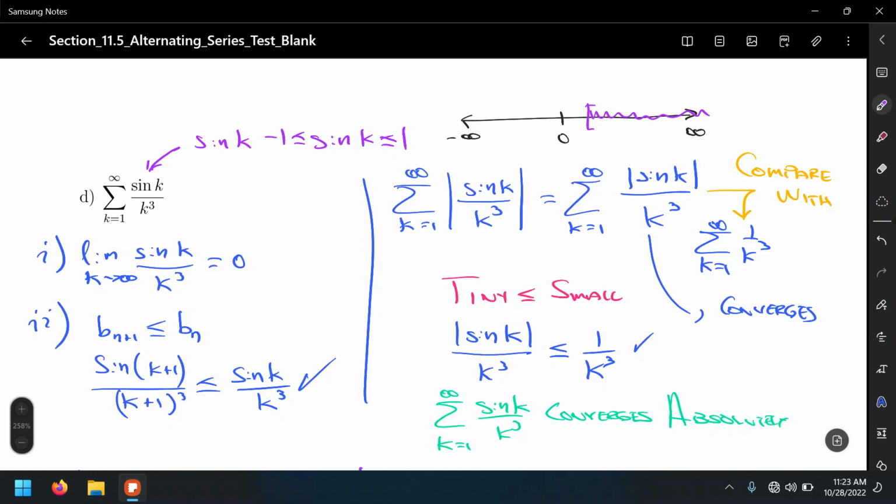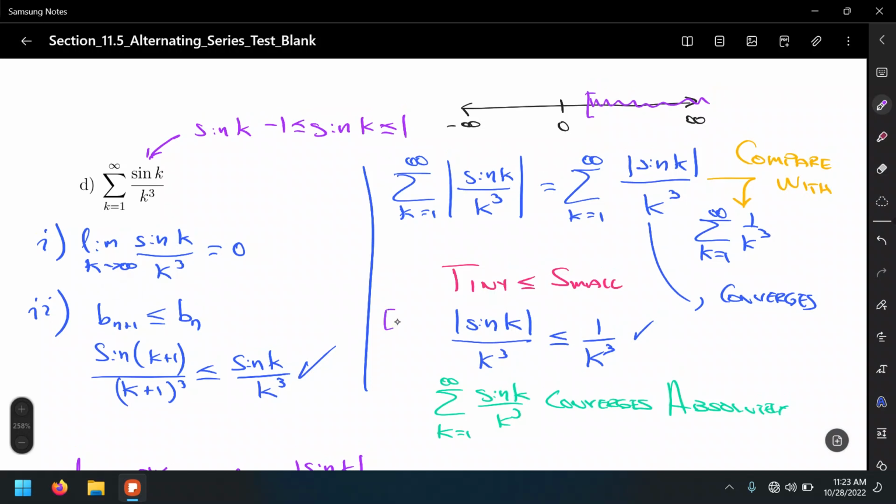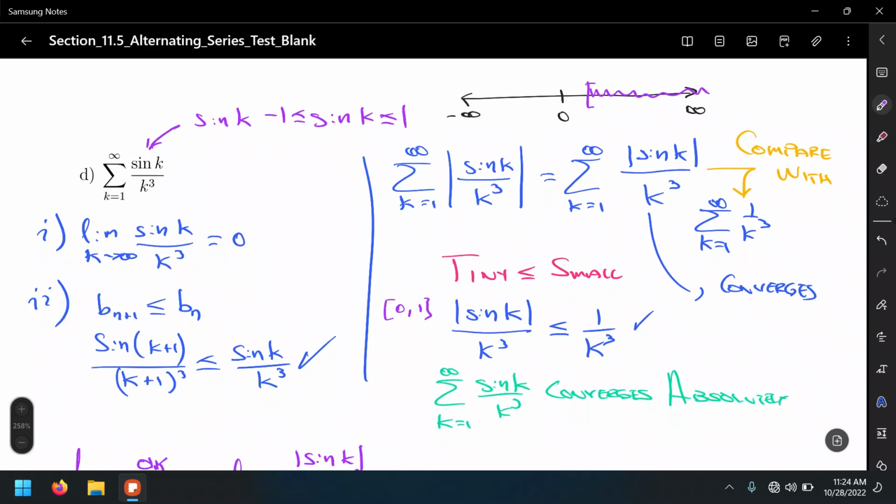So we need to keep the absolute value bars to honor that property. In fact, that makes it easier to look at this inequality, because the absolute value of sine k only varies between 0 and 1, and any number between 0 and 1 is for sure less than 1. All right? Good question. Thank you.